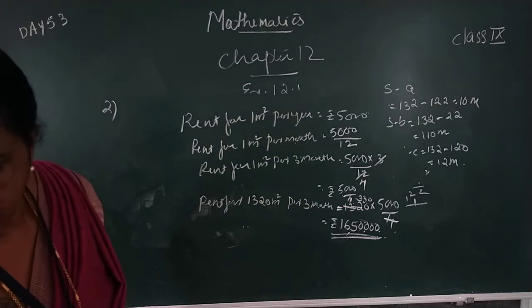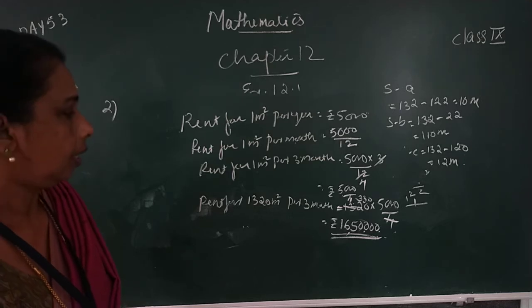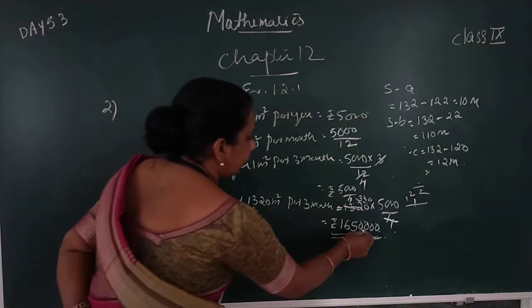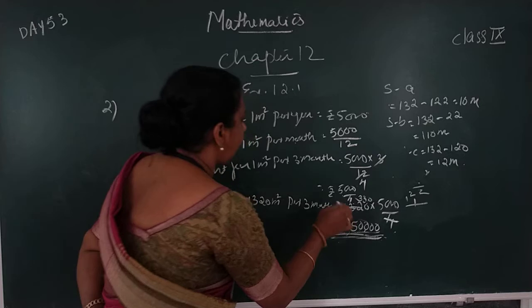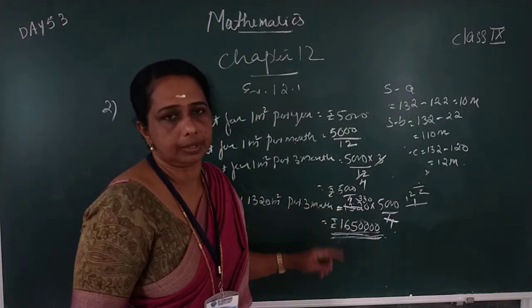Okay, that is 1s, 10s, 100, 1000, 10,000, lakh, 10 lakh. 16 lakh 50,000 rupees is the rent for this much area for 3 months.